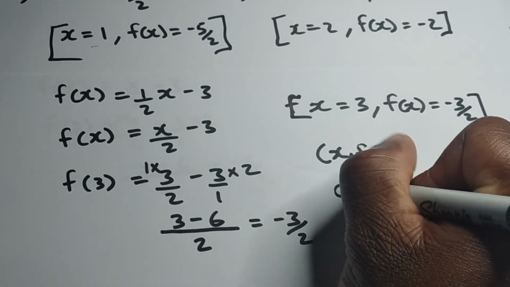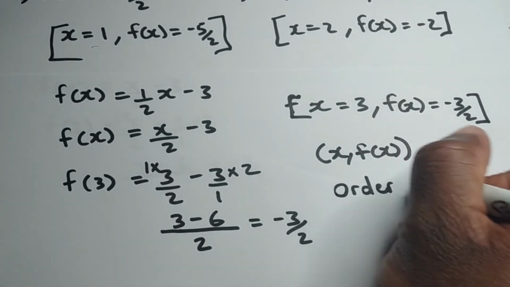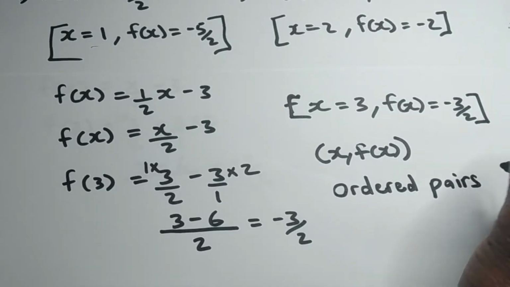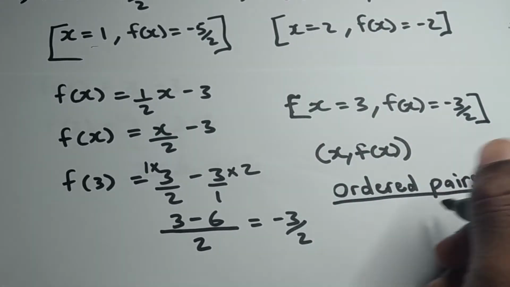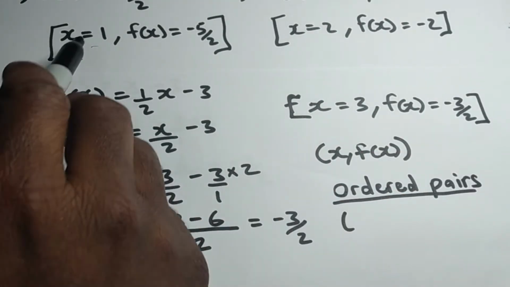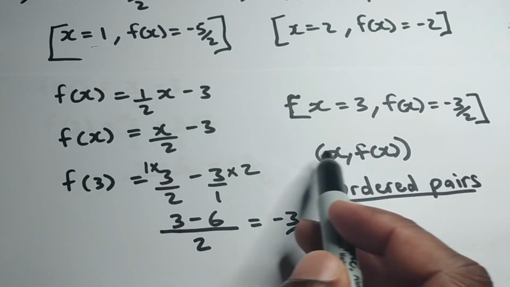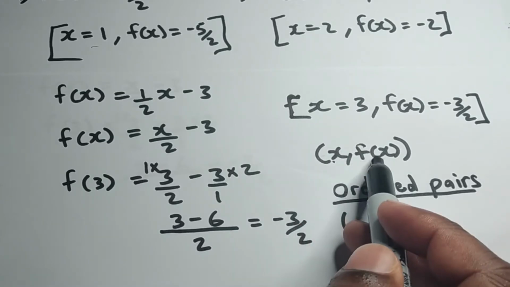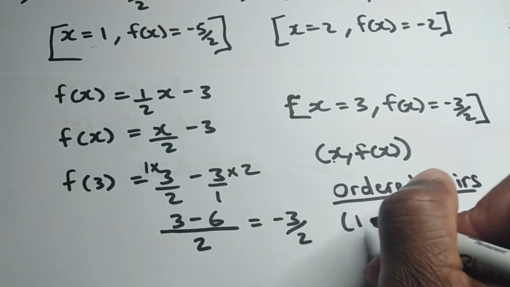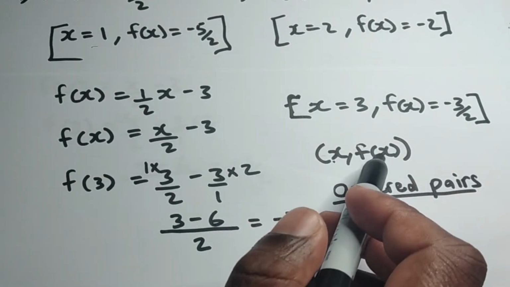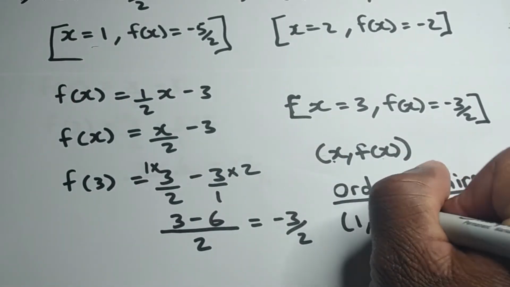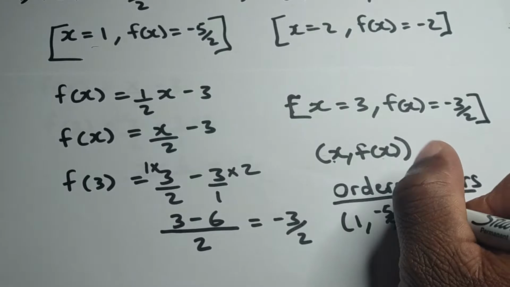So I'm going to write the ordered pairs here. Let's look at the first one. Remember, this is how you write ordered pairs: the x value first, then the f of x. My x value is 1, so I'll have the 1 here, comma, then the corresponding f of x value, which is negative 5 over 2, close bracket.